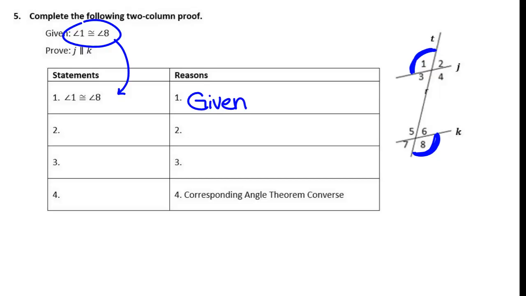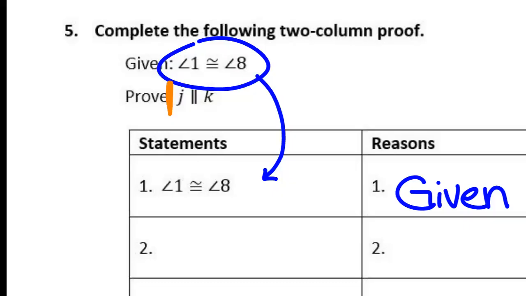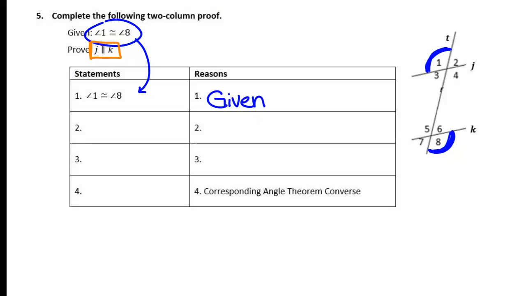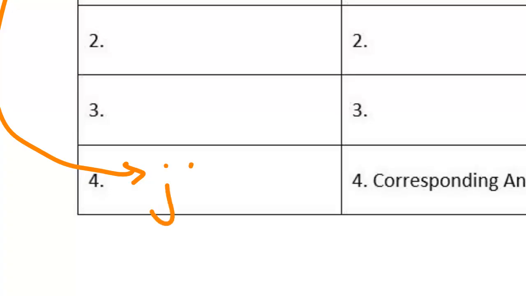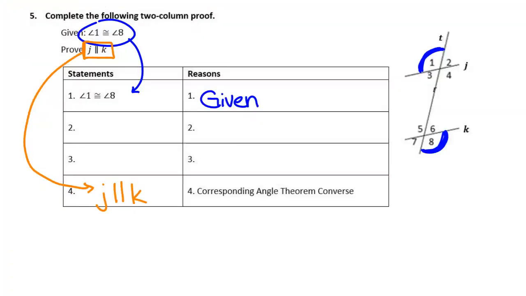I do not know the lines are parallel. That's the thing that I am trying to show would have to be true in the end. Line J parallel to line K. I don't know that the lines are parallel. The only thing I start off by knowing is that angles 1 and 8 are the same size.